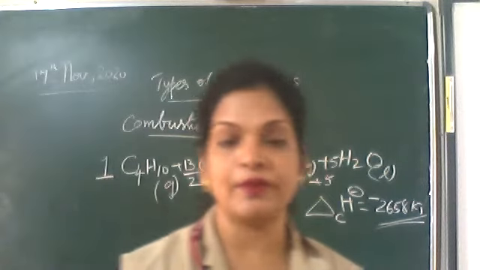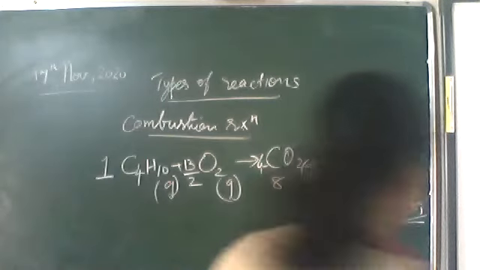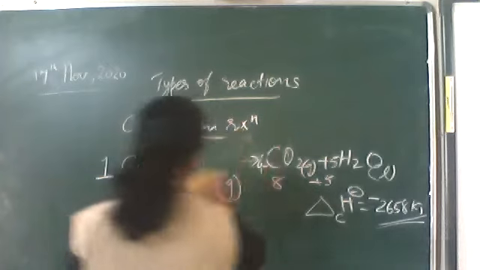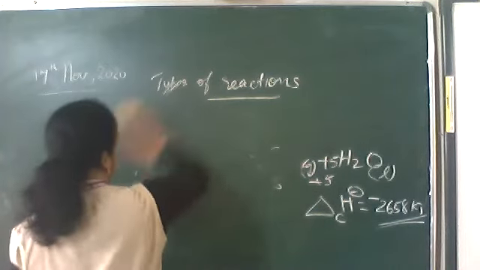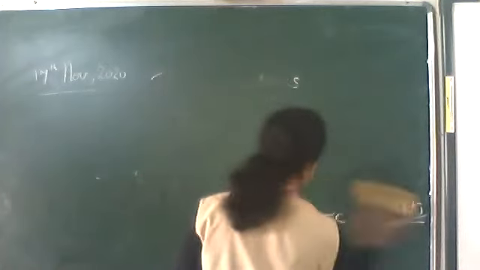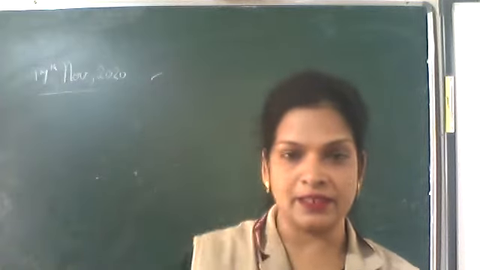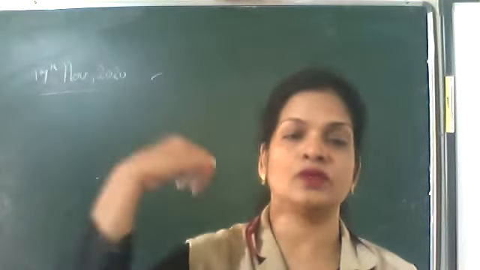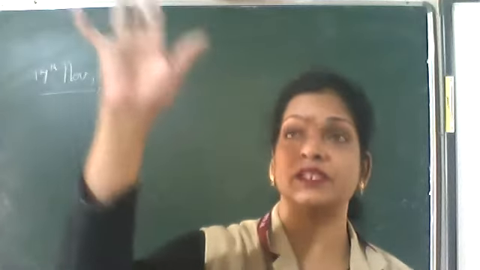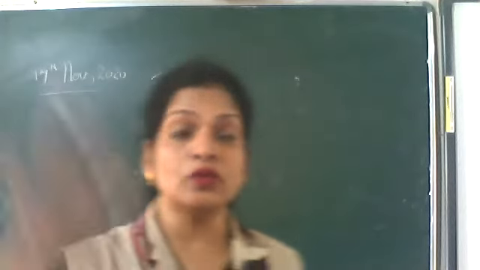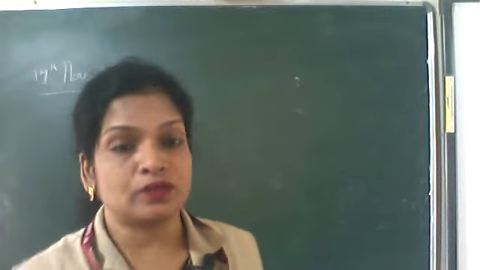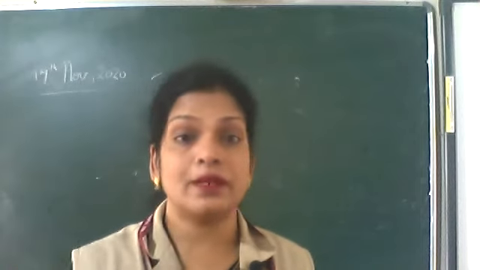Next, enthalpy of atomization. Enthalpy of atomization means atoms are formed from what? From the molecule. If you take one piece of metallic sodium and give energy to break this, to move these sodium atoms from solid state to gaseous state, we call it sublimation.